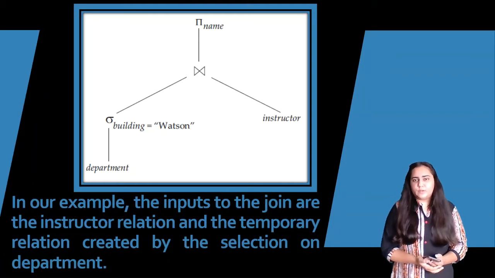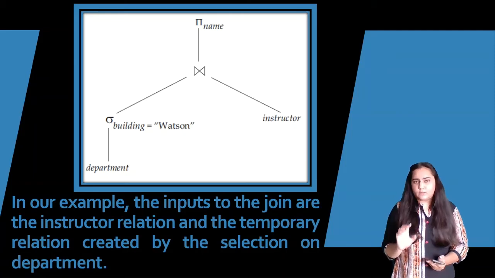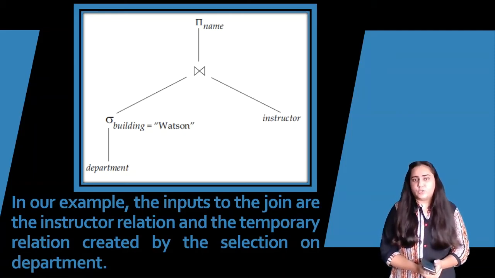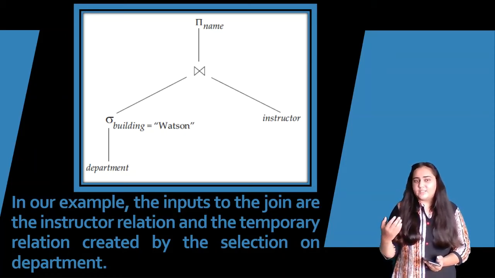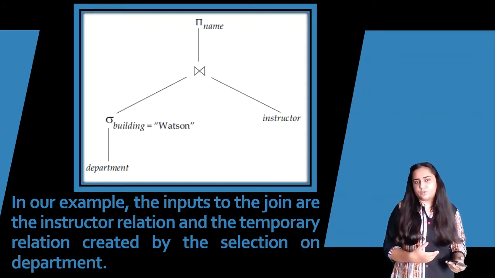In our example, you have here inputs to the join operation, where one input is an actual relation in the database, which is instructor. But the second input that is going to the join operation is not a table. It is the result of some operation that was performed on an original table.